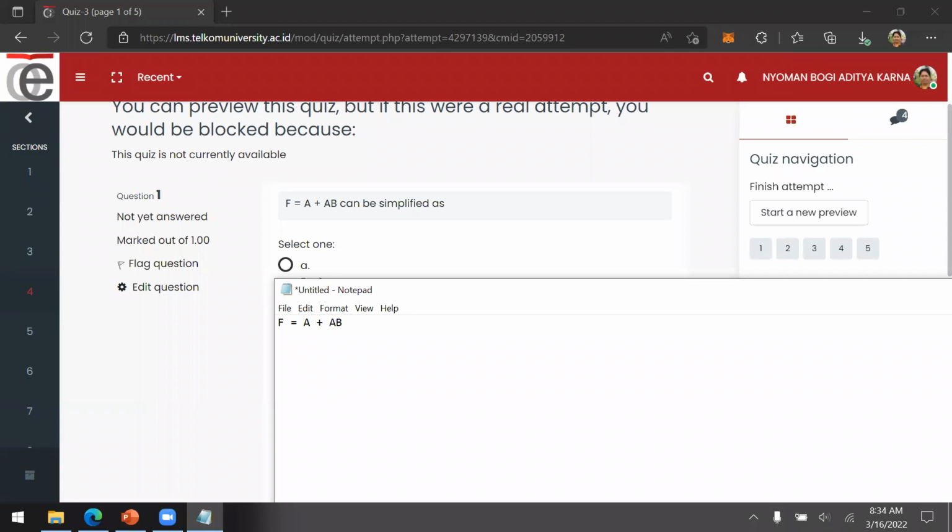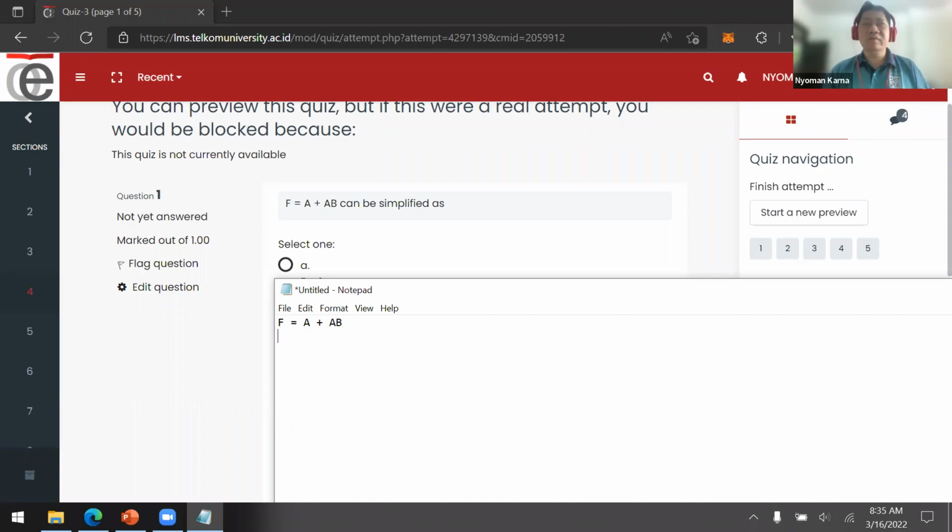Just like our last discussion, if we want to simplify a function using Boolean algebra, first we need to write the function in SOP, sum of products. This is a sum of products because it's a sum of two products, A and AB.